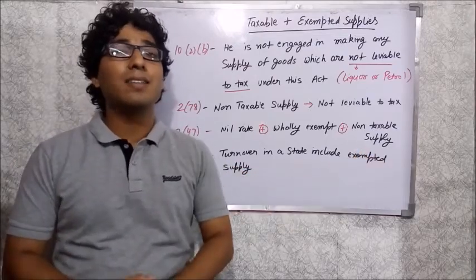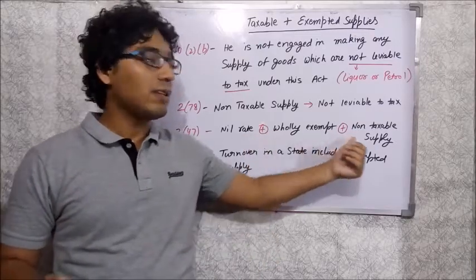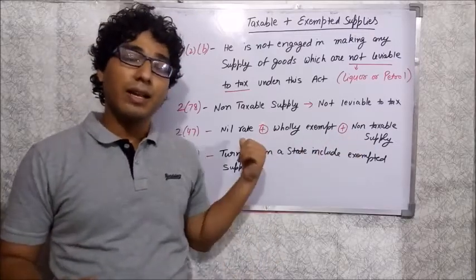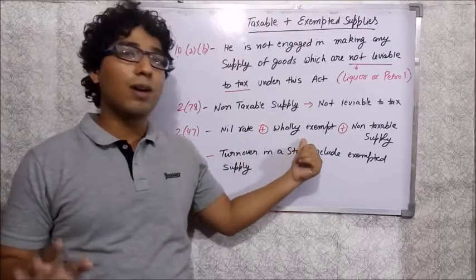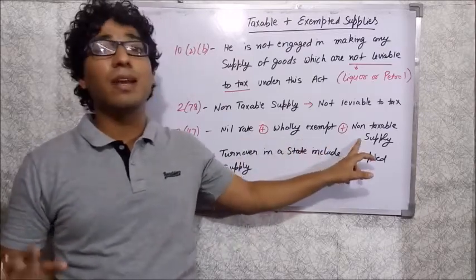So exempted supply means three different things. Nil rated supply is a different thing, wholly exempt goods or services is a different thing, and non-taxable supply is a different thing.